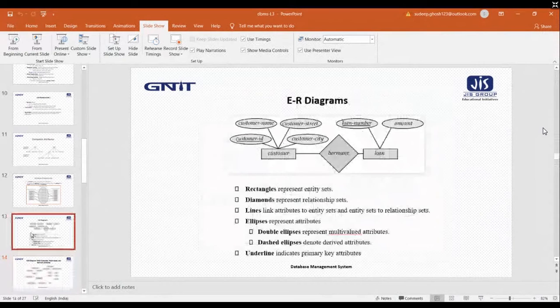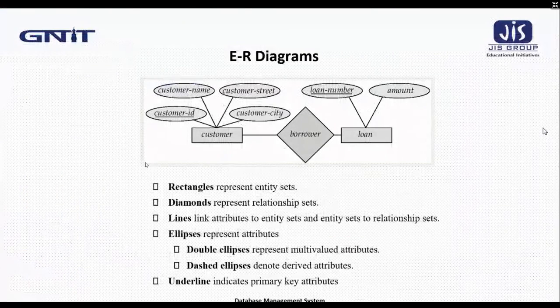Now here you can also see that the customer ID and the loan number are underlined because these are the primary keys, or key attributes. They are called primary keys or key attributes.